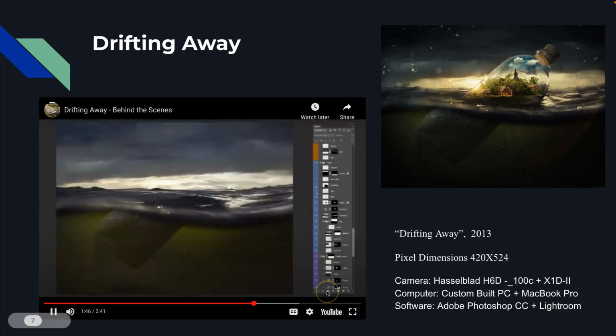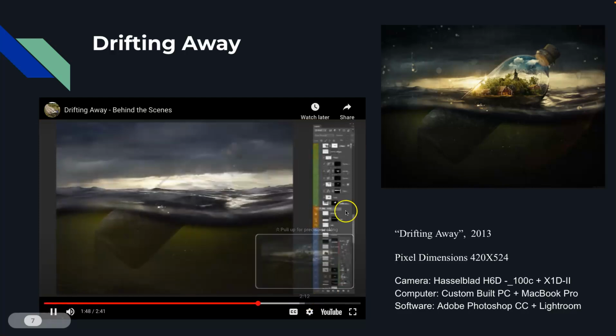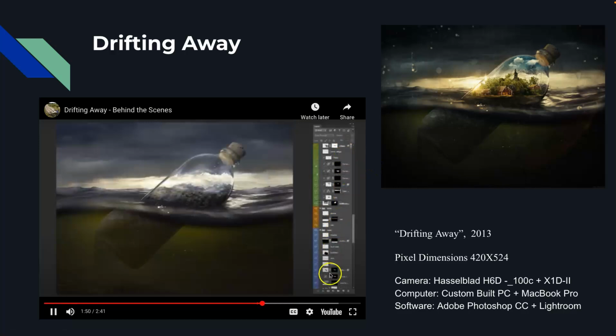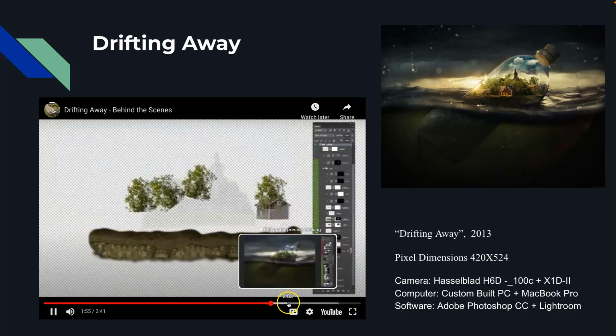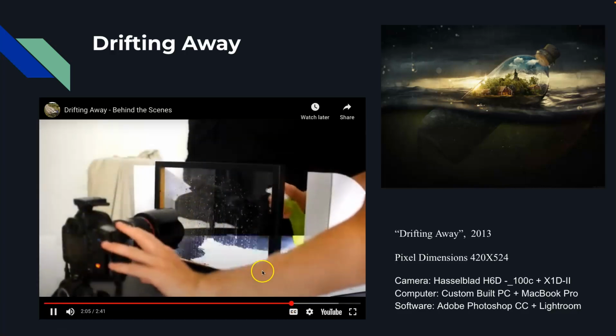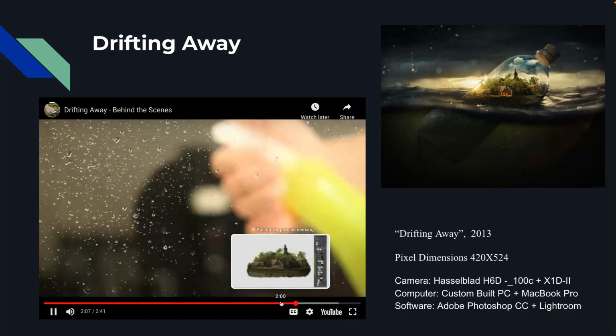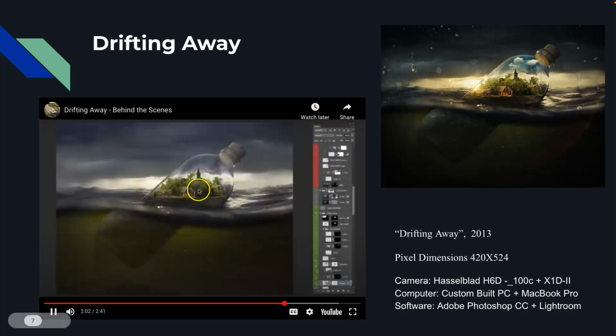So here we take some of his photographs, and you can see way more than 5 layers, right, that he is layering together to build this little world, this concept landscape inside of the bottle.